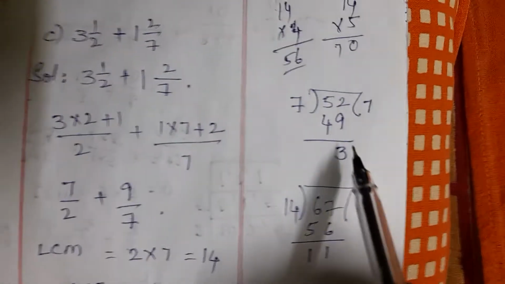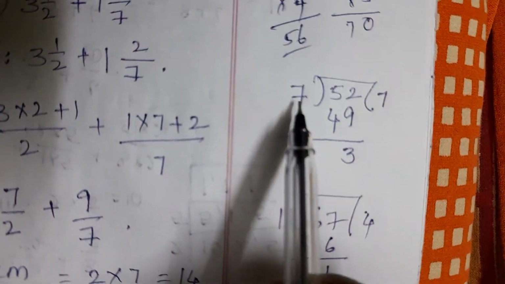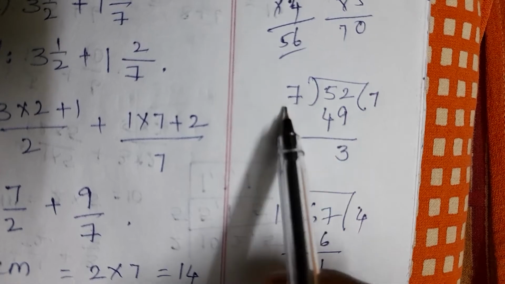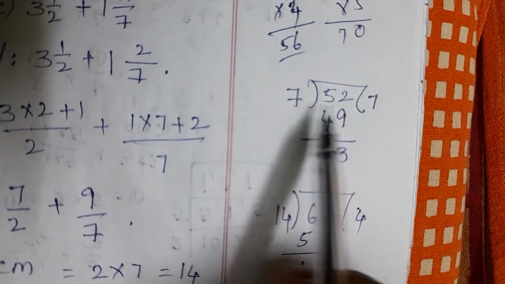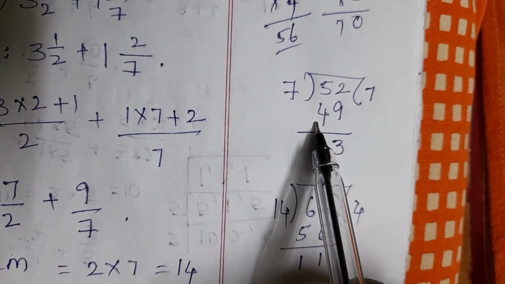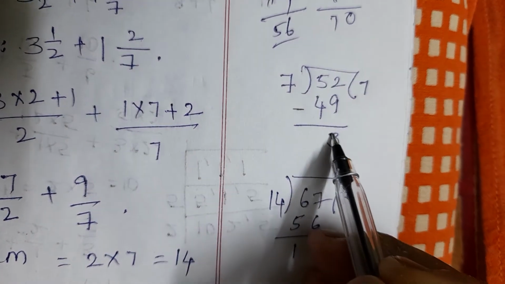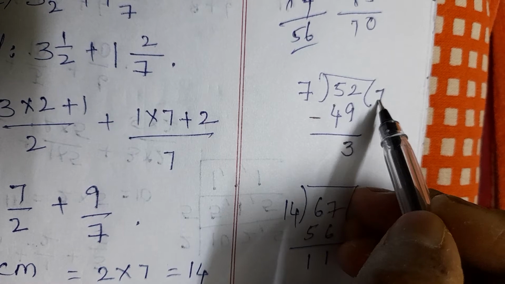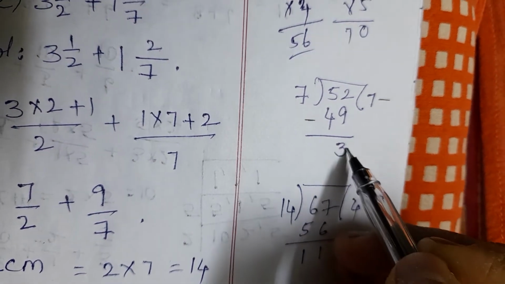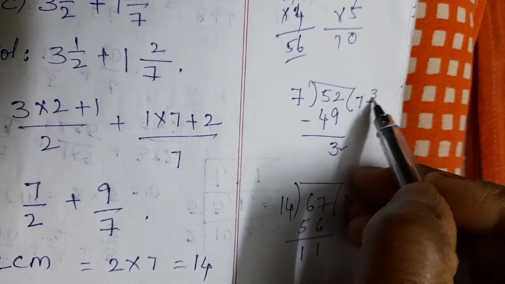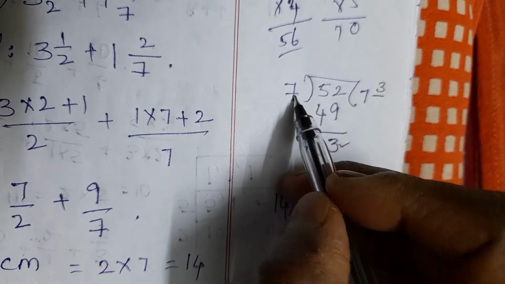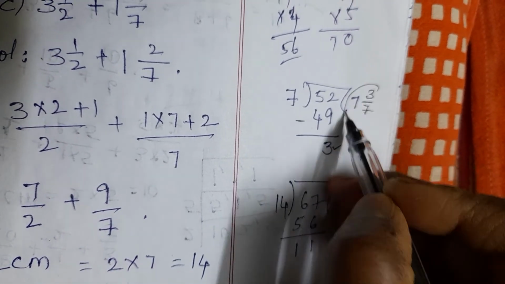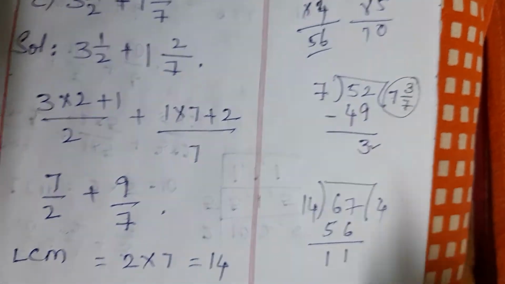We need to divide the numerator as dividend by 7. With 7 we are dividing. So 7 sevens are 49. After subtraction we will get 3. Okay, so the quotient is 7. Remainder is 3. This divisor is 7. So our final answer is 7 3 by 7.